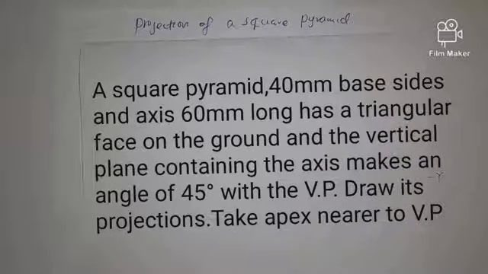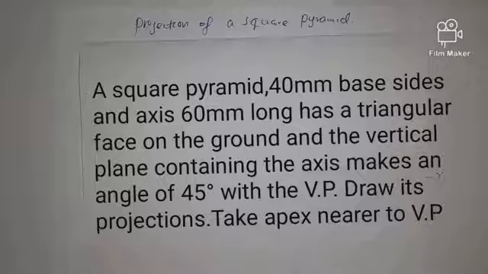We have three conditions here again to fulfill. The first one, we are going to take our square pyramid standing on its base normally so that it forms a plan that is a square. And the second one, we shall take our pyramid such that it lies on the triangular face. It's like you drop it, it falls off and slips on the triangular face, that is on the HP.